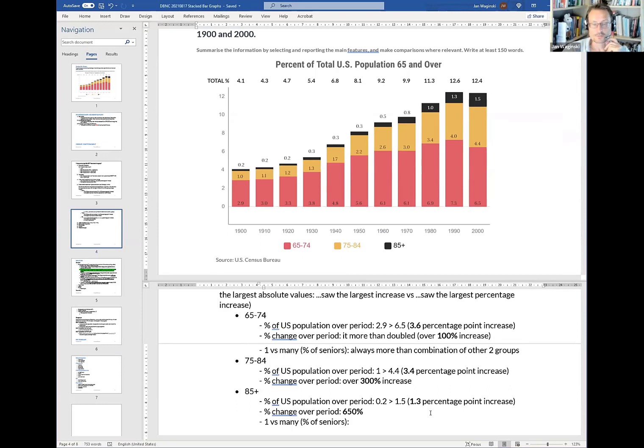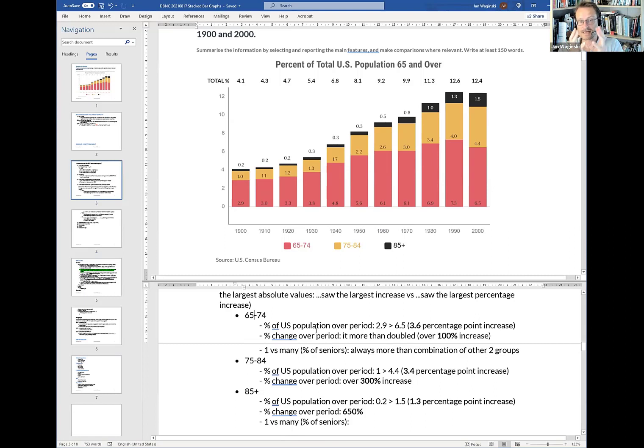And which groups increased the most as a percentage? The 85 plus. Which group was in second place in terms of percentage? 75 to 84. Yeah. And then the third biggest increase in terms of percentage was the largest group, 65 to 74.